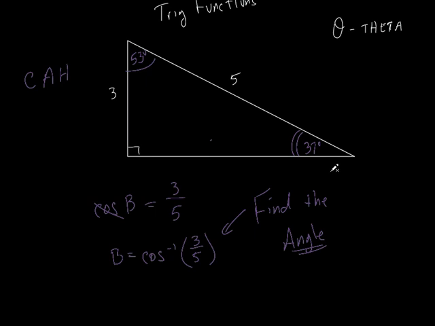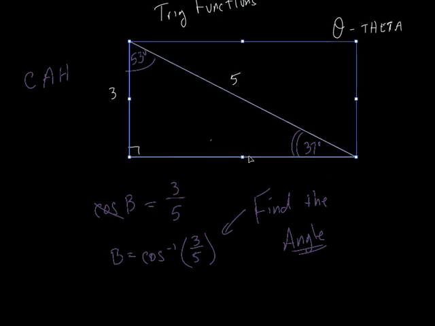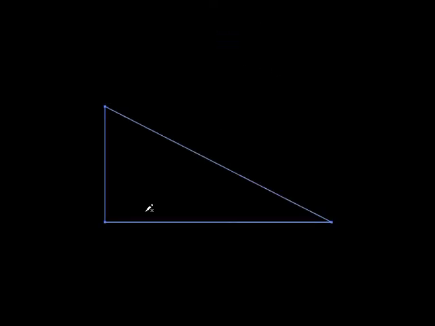Let's do one where we actually find one of the missing sides. And I'll try to make it fairly easy for us. Okay, so let's say I actually know an angle right here. Let's just make up a crazy angle. 32 degrees.